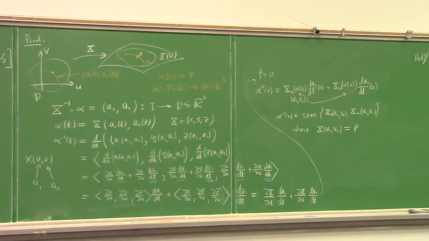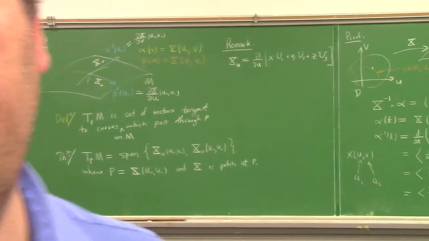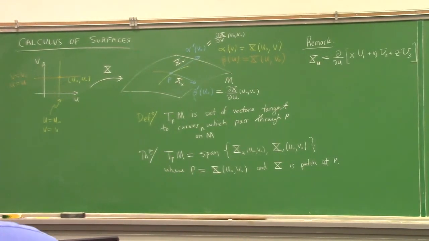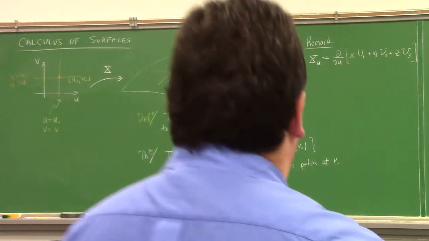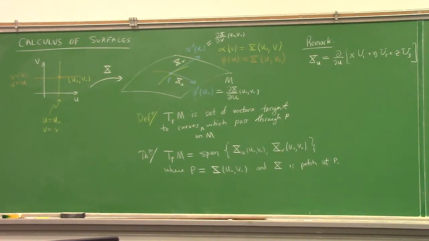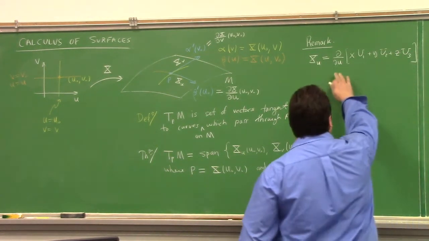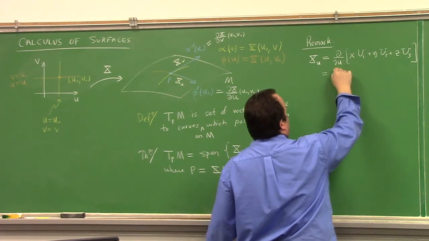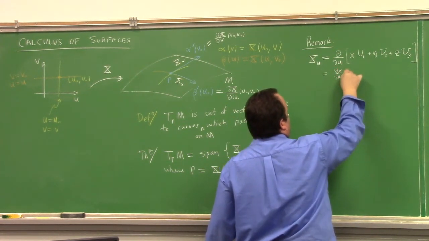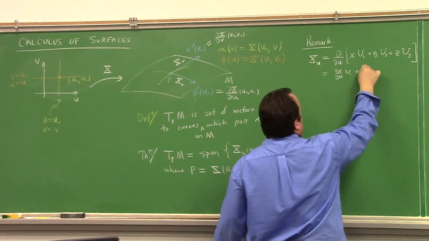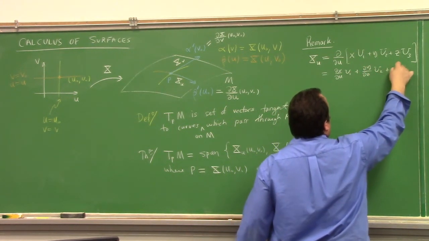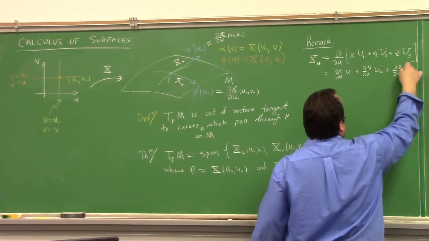So we'd like to also look at the tangent space to the surface as a differential operator. And so getting back to that world of happy notation, another way you could see this would be that's really just little partial x partial u u1 plus little partial y partial u u2 plus little partial z partial u u3.